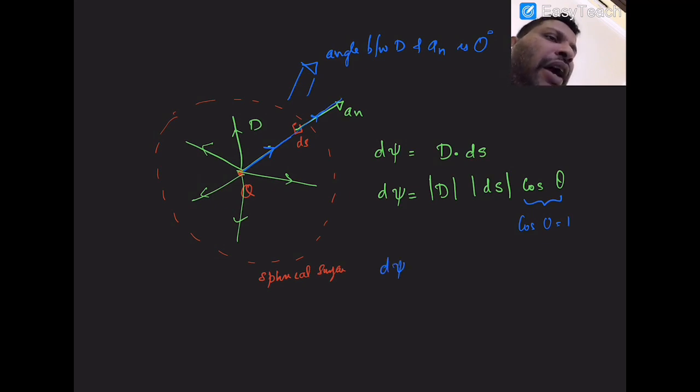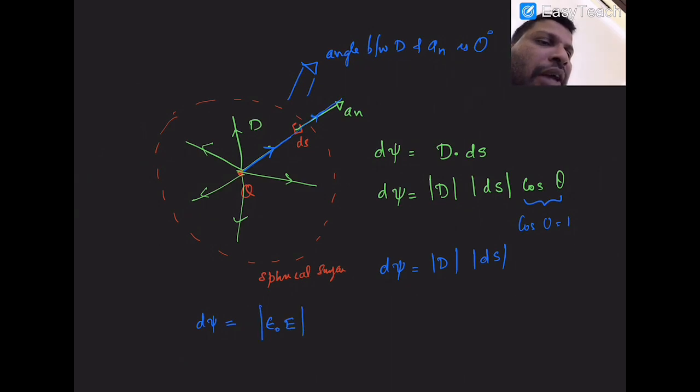Now our d phi, I will get it as the magnitude of D into the magnitude of ds. So let us consider d psi, sorry, not phi, psi. d psi is equal to the magnitude of D. What is D? D is nothing but epsilon naught into E, right?